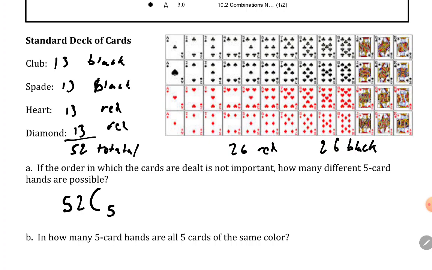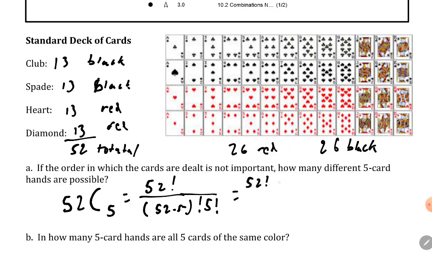So we're going to deal out 5 cards, and we're going to see how many different types of hands we could have. So 52 factorial over 52 minus 5 factorial times r factorial, which is 5 factorial.